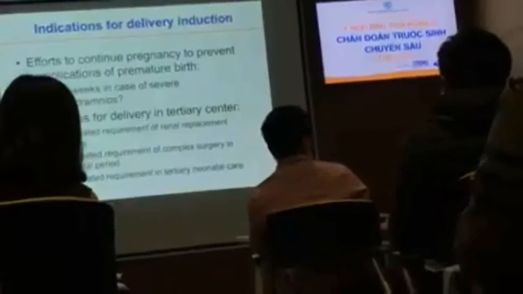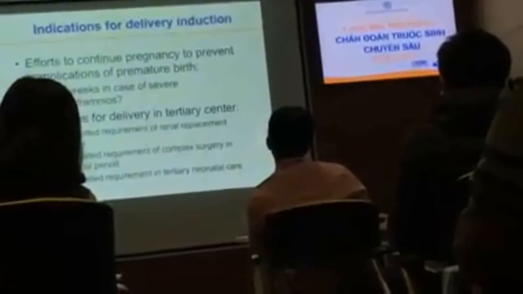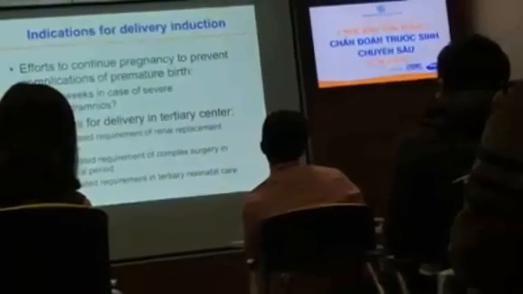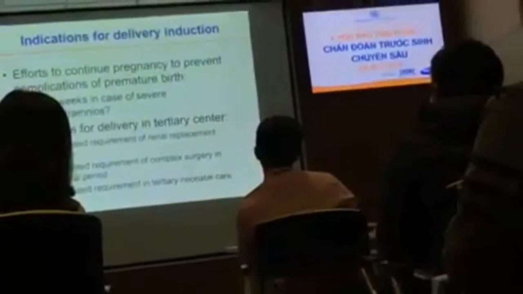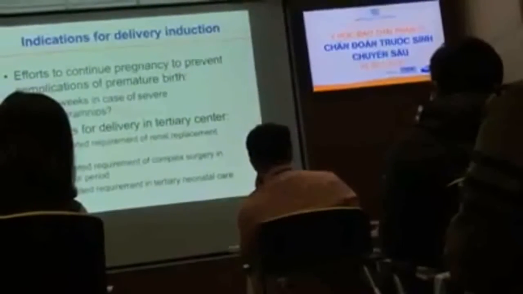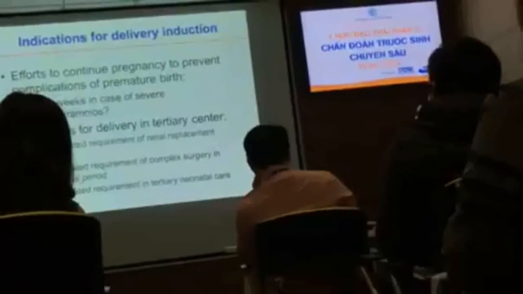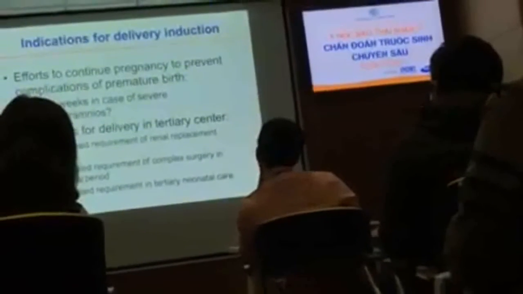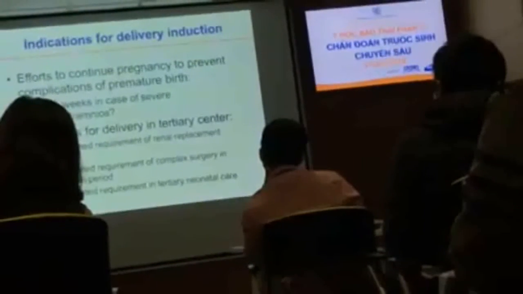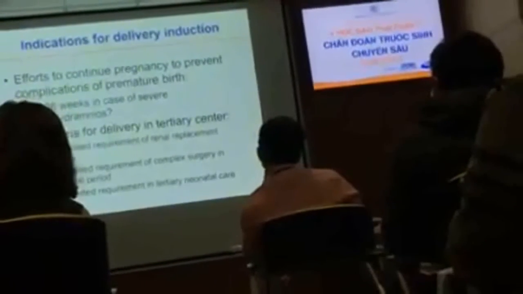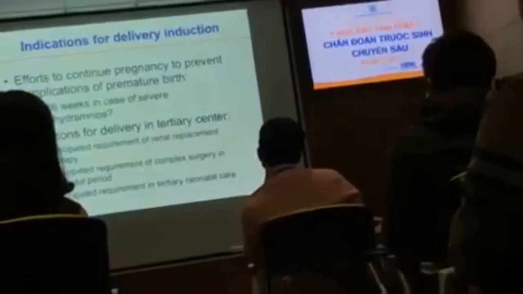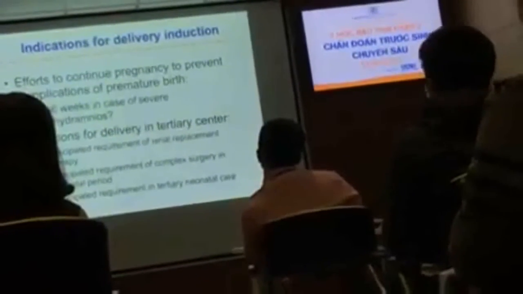So what is the indication for delivery induction? It depends on every single case. If you find the amniotic fluid is decreasing, and of course you have severe oligohydramnios, you had better deliver the baby before 34 or 36 weeks. Don't wait later than 36 weeks, and you will improve the fetal outcome. Also, you need to deliver in a tertiary center.